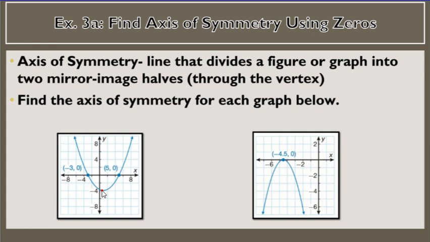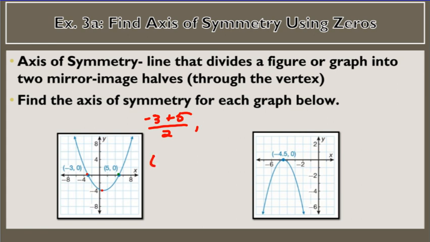The vertex is here. And in order to determine what the vertex is, we can easily just take our coordinates from our zeros. So you're finding the midpoint between those. So if I take my two x values, negative 3 plus the 5, and divide that by 2, that will give me my x value.